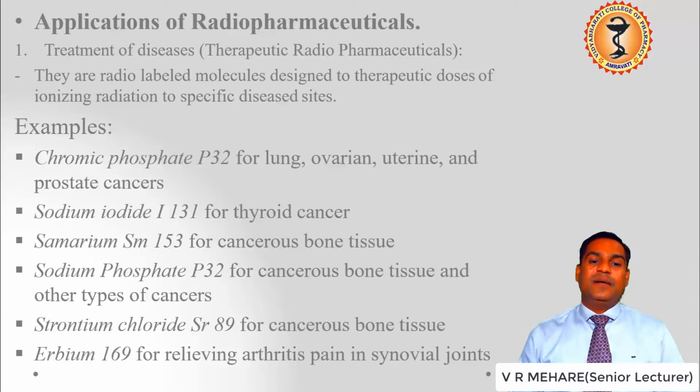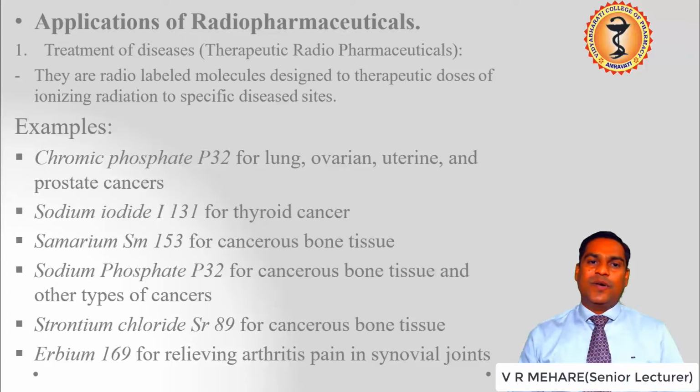Samarium, that is Sm-153, is used in the treatment of cancer of bone tissue. Sodium phosphate P-32 is used for cancerous bone tissue and other types of cancers also. Strontium chloride Sr-89 is used for cancerous bone tissues. Erbium-169 is used for relieving arthritis pain in synovial joints.